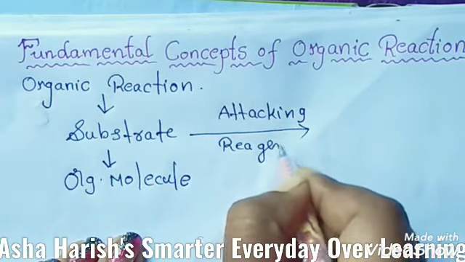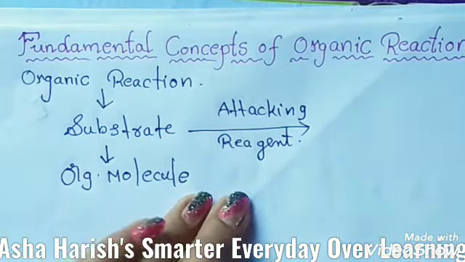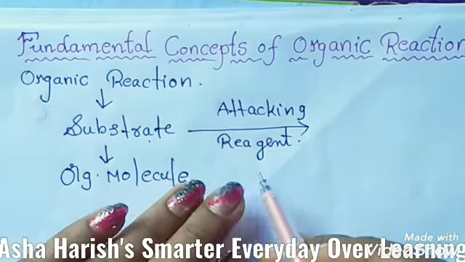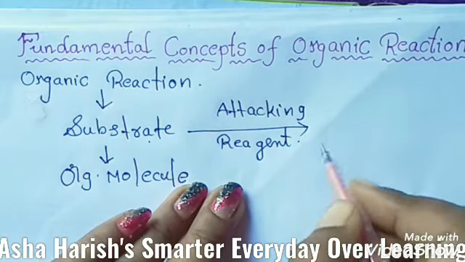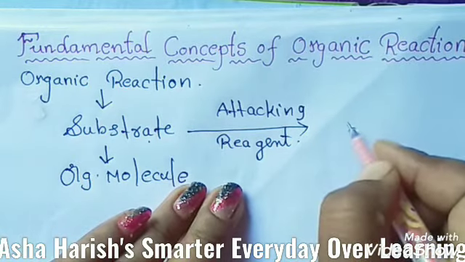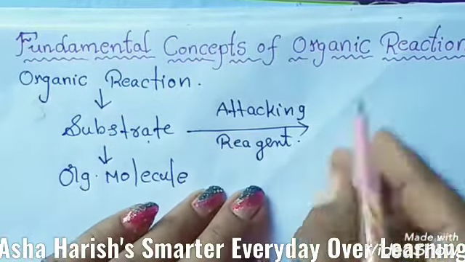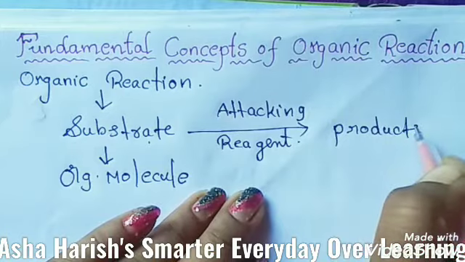Here you have to understand and remember all these definitions: what is a substrate and what is a reagent. The attacking of a species called a reagent forms products.